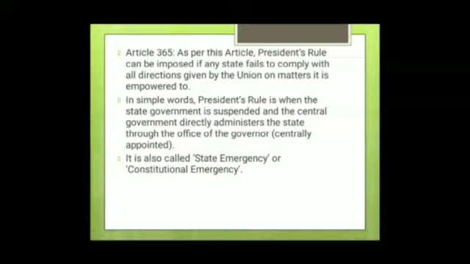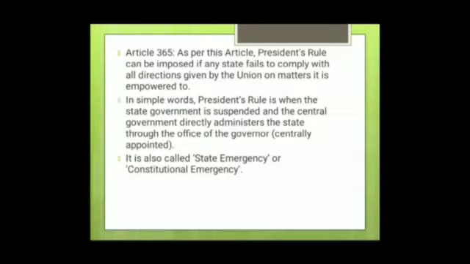So President's Rule is when the state government is suspended and the central government directly administers the state through the office of the governor, who is centrally appointed. It is called state emergency or constitutional emergency also.